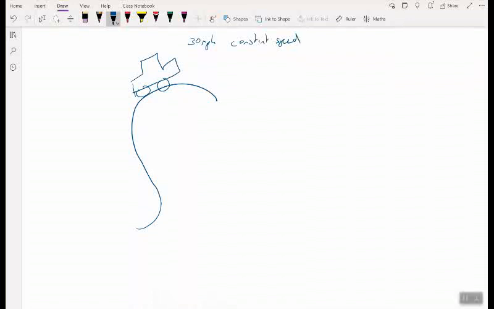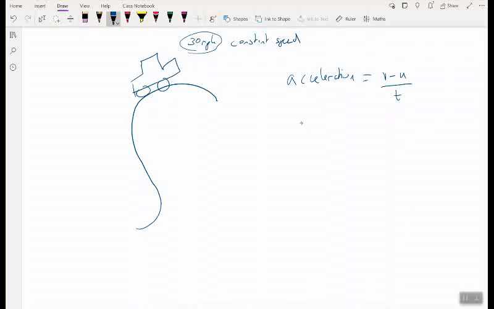Well, it's changing direction. Now, if you think about what you know about motion and acceleration, our definition of acceleration is, you may know the equation, v minus u over t. So final velocity minus initial velocity over time, or the change in velocity over time. So if something's velocity is changing, it is accelerating. You could be thinking, well, it's staying at a constant speed of 30 miles per hour.